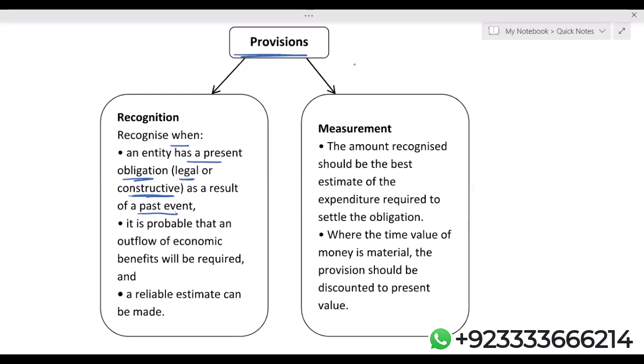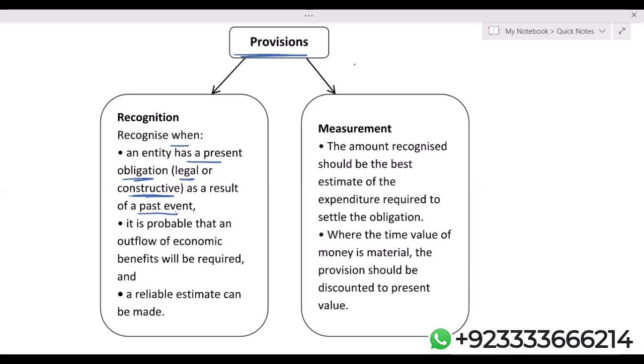For example, let's say an organization has a policy of paying dividends every year. At the end of each year the company pays the dividend, or pays a bonus. Let's say the company has a policy of paying a bonus to its employees, but there is no written agreement with the employees, but they have a history of paying a bonus at the end of each year.